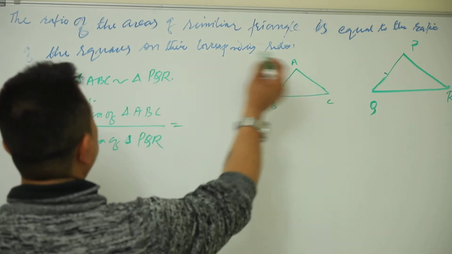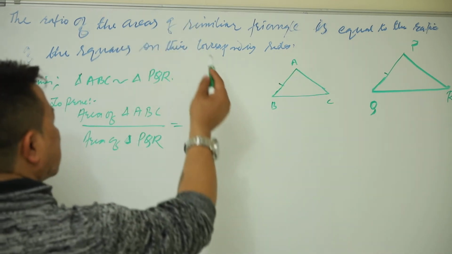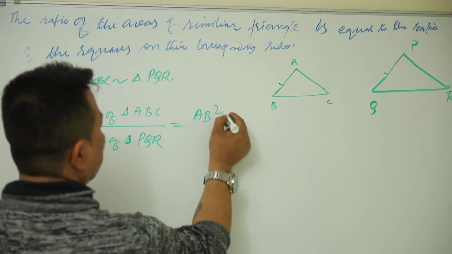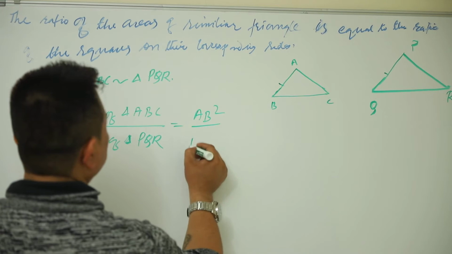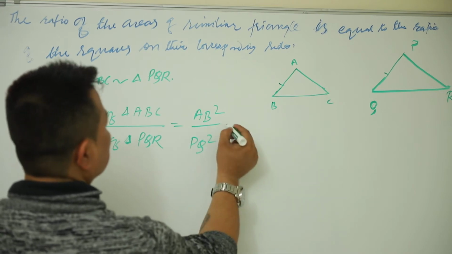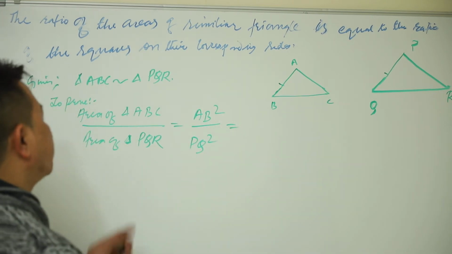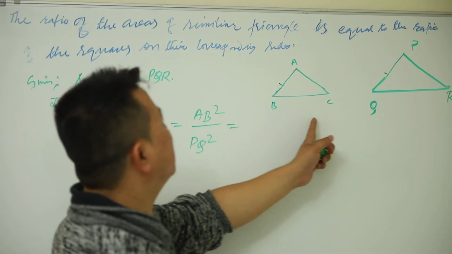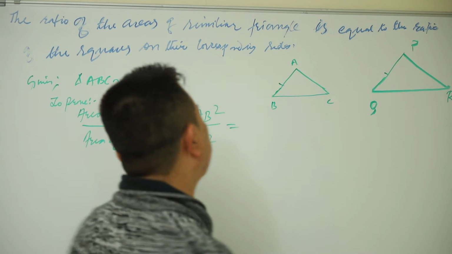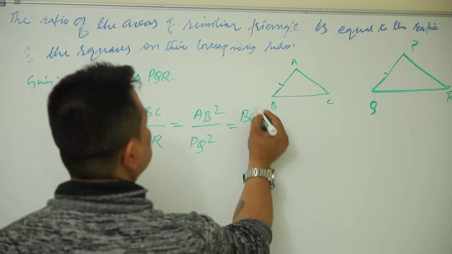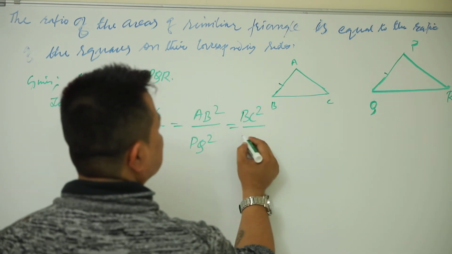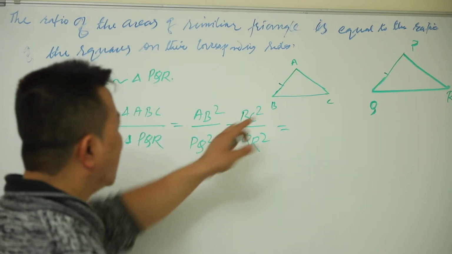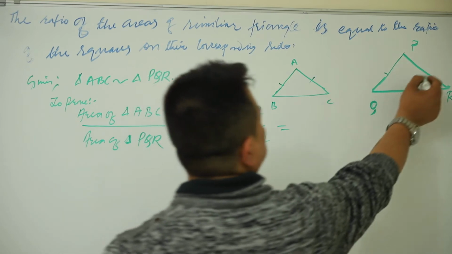According to the theorem we put their squares, so AB square upon PQ square equals BC square divided by QR square, since the corresponding side of BC is QR, equals AC square divided by PR square, since the corresponding side of AC is PR.